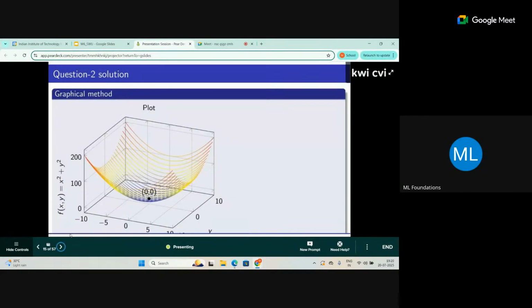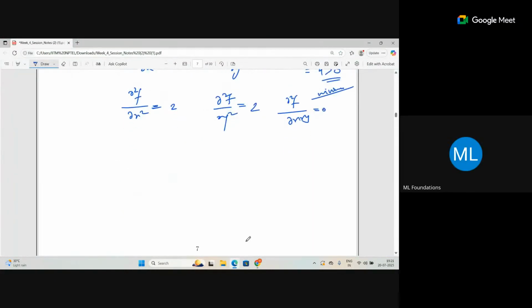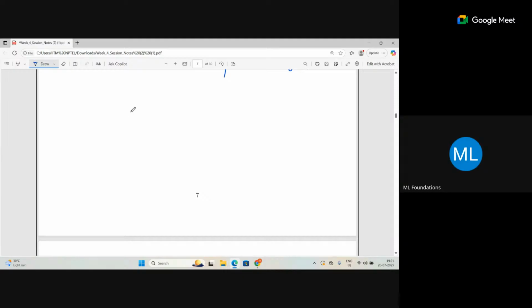To find this, you'll have to construct a Hessian matrix. The Hessian matrix will look like this: del 2f by del x square, del 2f by del x del y, and it is going to be a symmetric matrix.